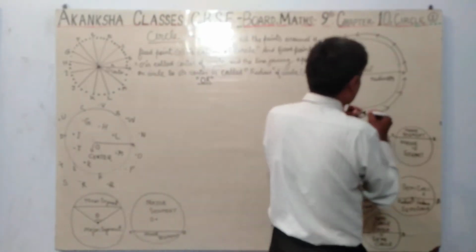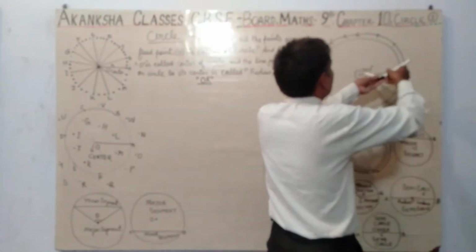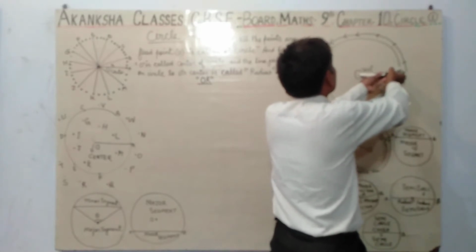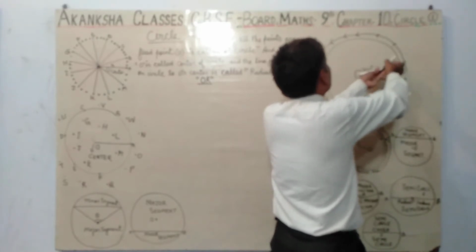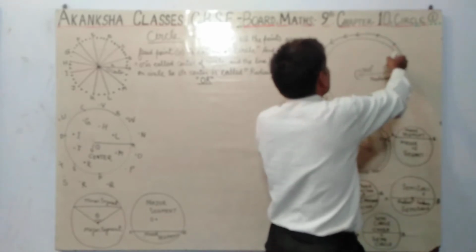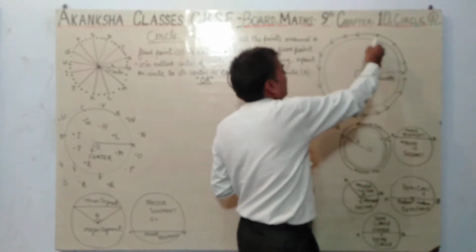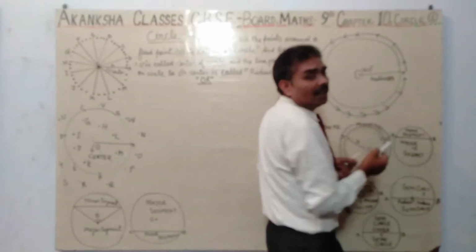Students, just imagine I am going to draw a circle like this. This means a continuous arc of 360 degrees.